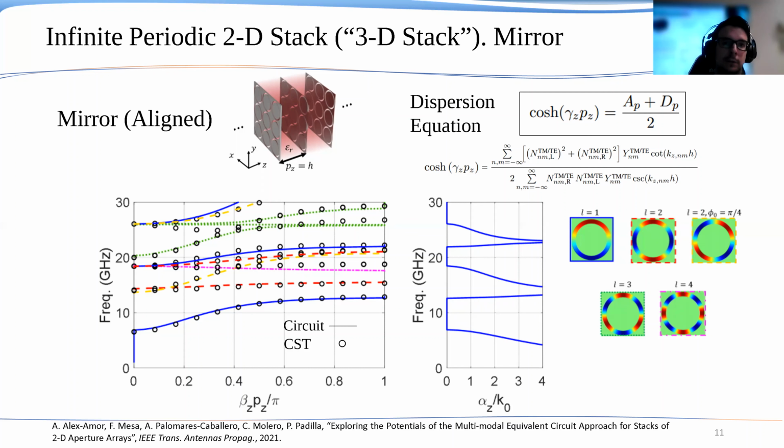These basis functions are associated to the different colors that you can see in the electric field profile of the annular aperture. This would be the case of the blue curve, the red curve, the green curve, and so on.